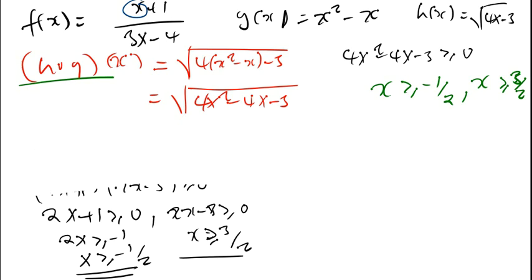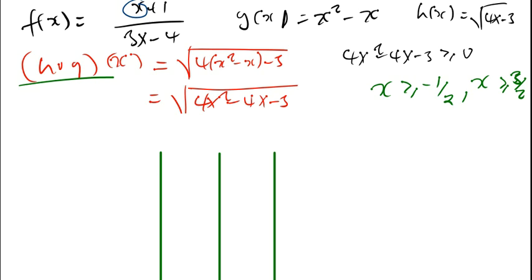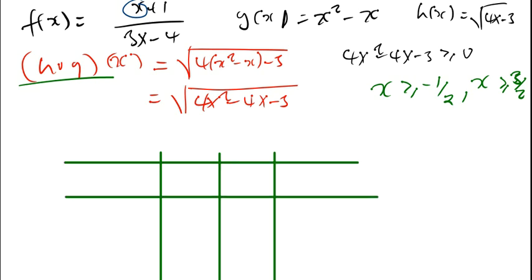Now people make mistakes and they will report that the domain is just that. No, it's wrong. So this will go back to the table. This is now an inequality.